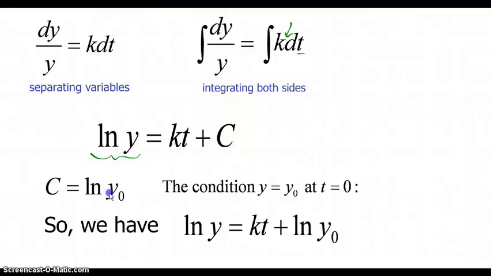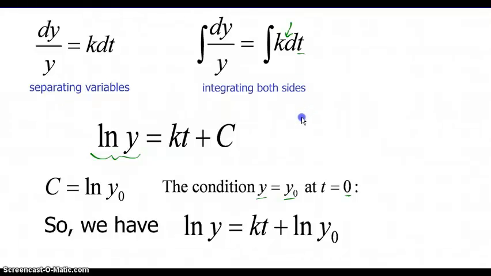It turns out that our plus c, given the condition that the current population and the initial population are equal at time t equals 0, then we know that c is going to wind up being algebraically the natural log of the initial population.